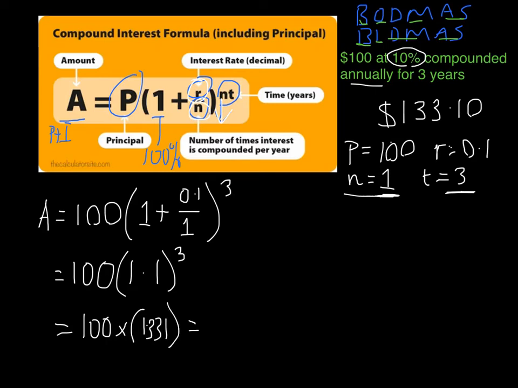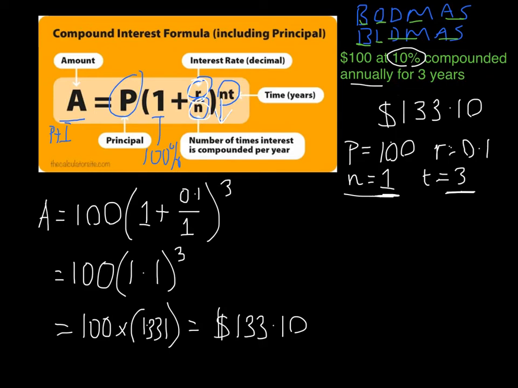Then if I multiply it by that 100, which was my original principal, I end up with $133.10. So you can see that we ended up with the exact value that we got by doing it year by year previously. So that's how we use the formula.